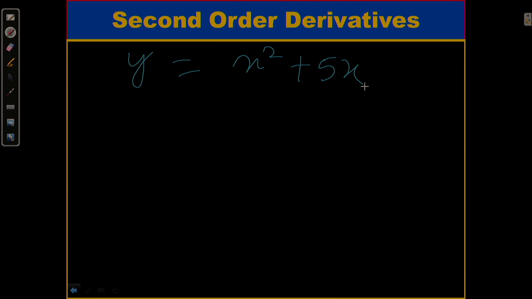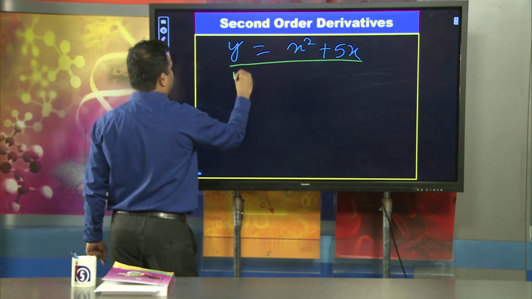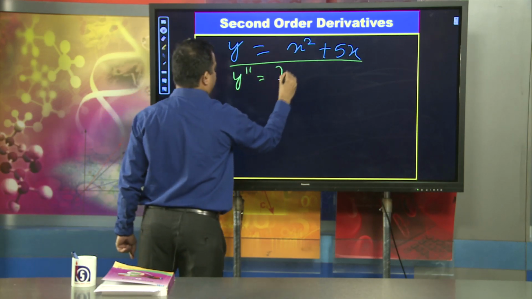Now y equal to x square plus 5x, and we are going to find y double dash. What will be the value of y double dash? That is the question.